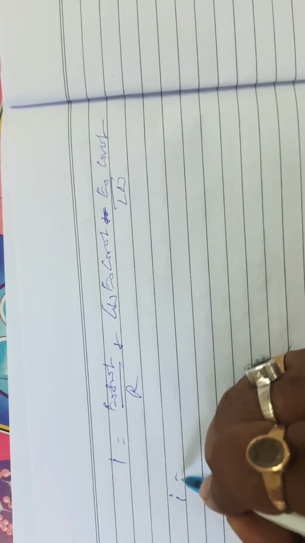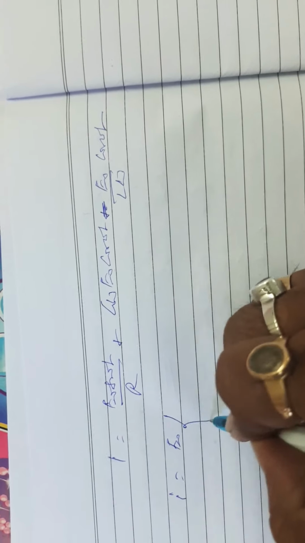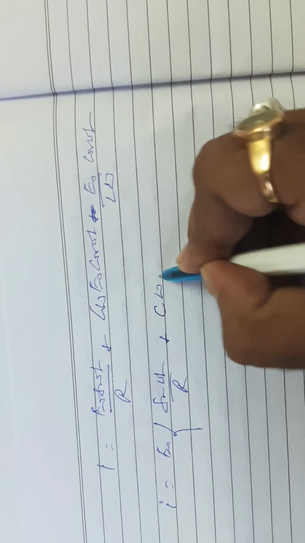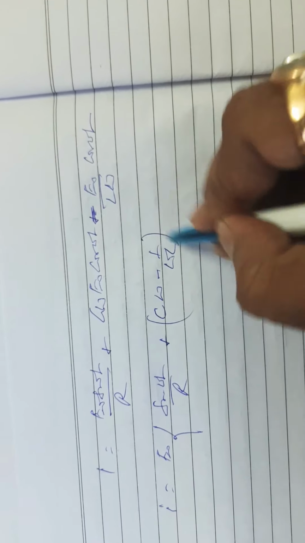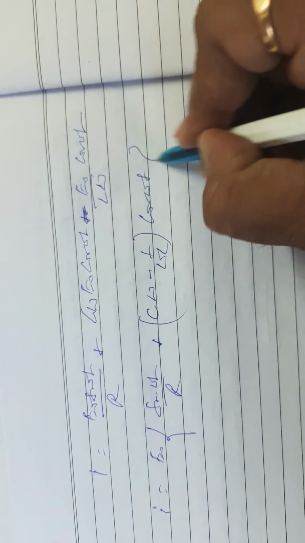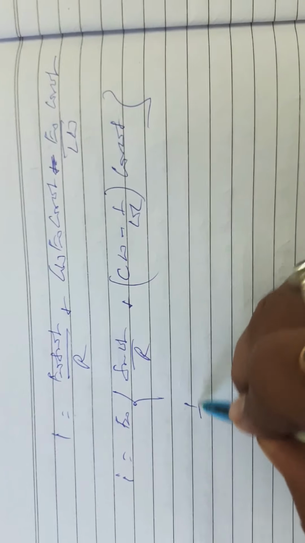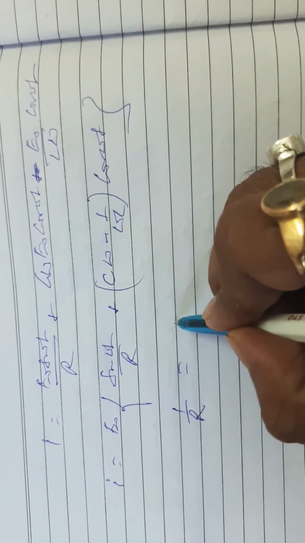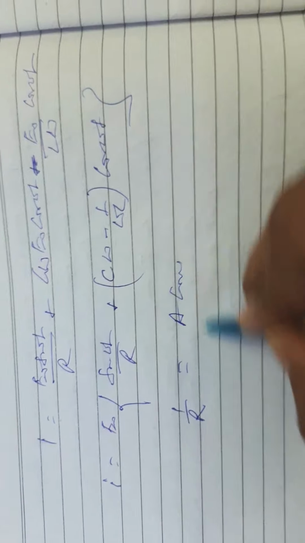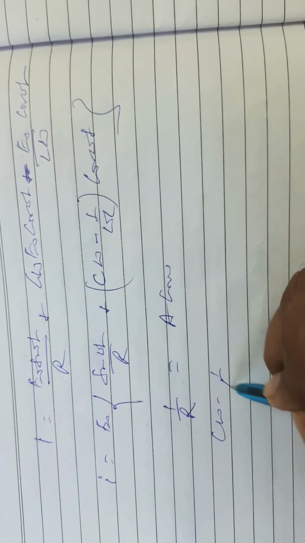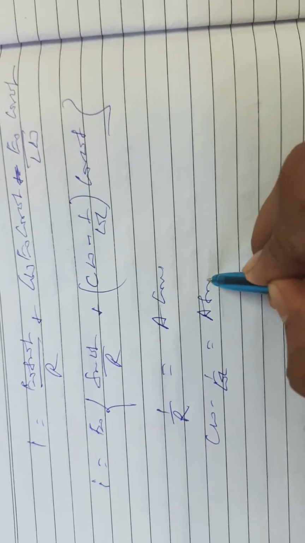Properly taking out the common terms, we'll have sine omega t by R plus C omega minus 1 by omega L into cos omega t. Ultimately we substitute something like this: 1 by R is equal to A cos theta, and C omega minus 1 by omega L as A sin theta.